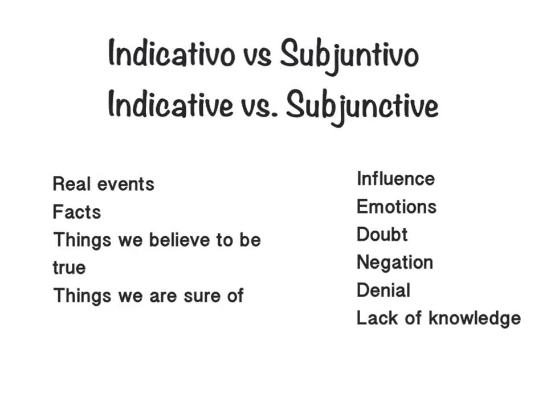Well, we use the indicative when we are speaking about real events, about facts, about things we believe to be true, even if they are not necessarily true, but we truly believe they're true.